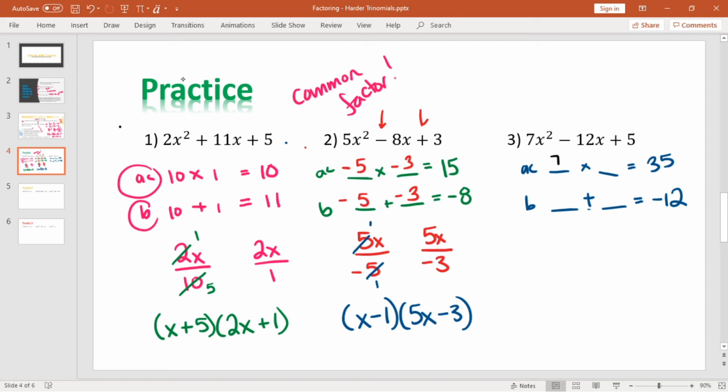So okay, we're going to do 7 times 5, 7 plus 5, but because the product is positive and the sum is negative, they must both be negative. And same thing: ax at the top of two fractions, the factors I just found as the denominators.